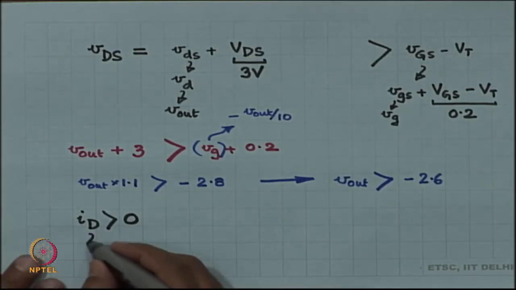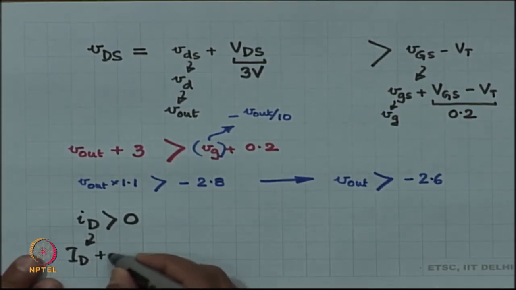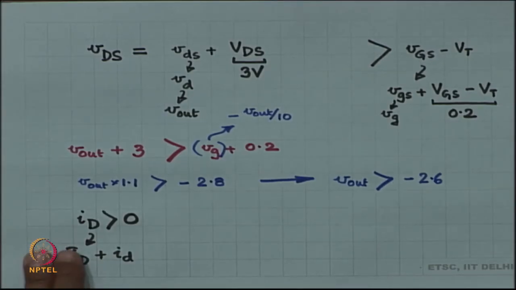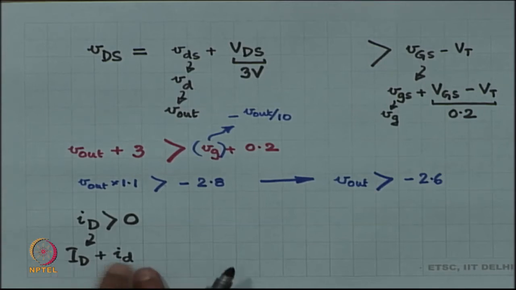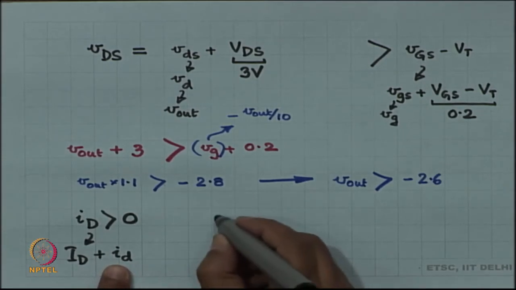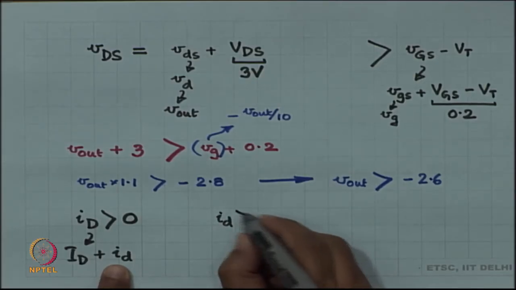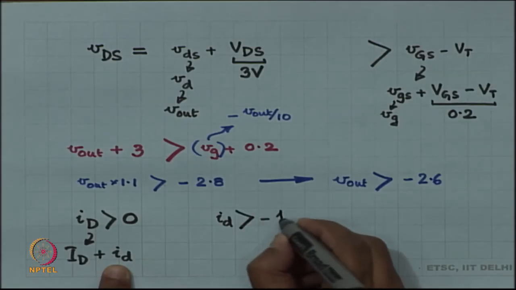But what is ID? ID is capital ID plus small ID. Okay. So, if capital ID we know it is 1 milliampere in this case, then small ID has a limit, small ID has to be more than minus 1 milliampere.